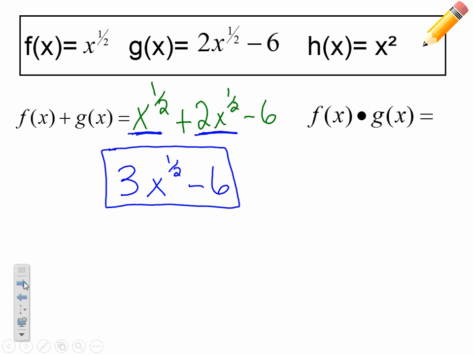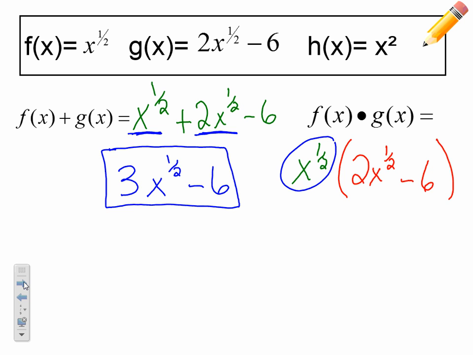Can't simplify this any further, so I'm going to leave it just like this. Our next example is f of x times g of x. So if I look at this one, I have f of x, which is x to the 1/2, times g of x, so 2x to the 1/2 minus 6. Now I have to distribute this x to the 1/2 here and here.